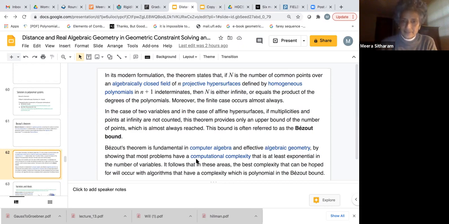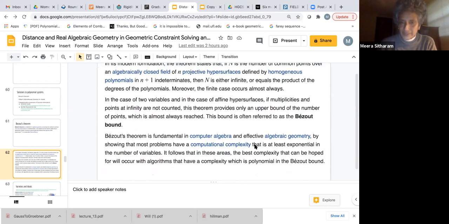So Bezout's theorem is fundamental in computer algebra because it shows that most problems have computational complexity that's at least exponential in the number of variables. So essentially it's saying that that sort of gives you a lower bound on what you can possibly expect. If you want to find all the solutions, you're going to end up with exponentially many, since there are exponentially many possible solutions.